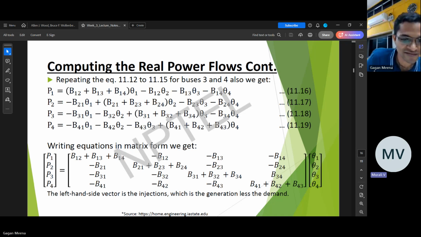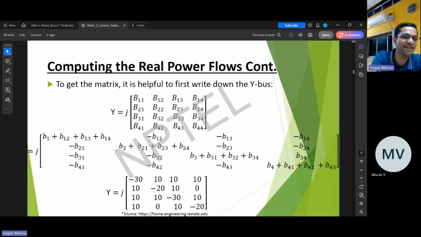So then this Y will be the susceptance. When you use Y bus, this J term is there. That's why I got the doubt, because Y is equal to some J into something. It's a little bit confusing here.